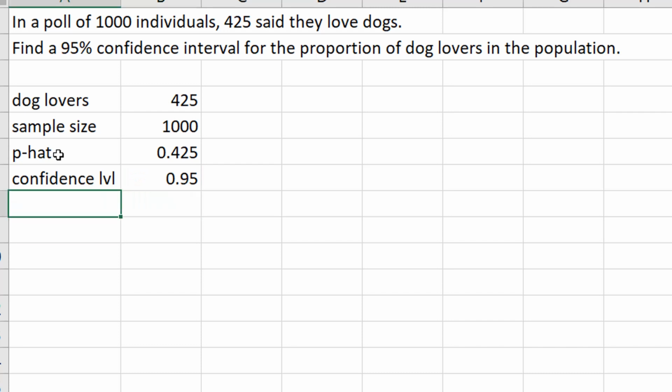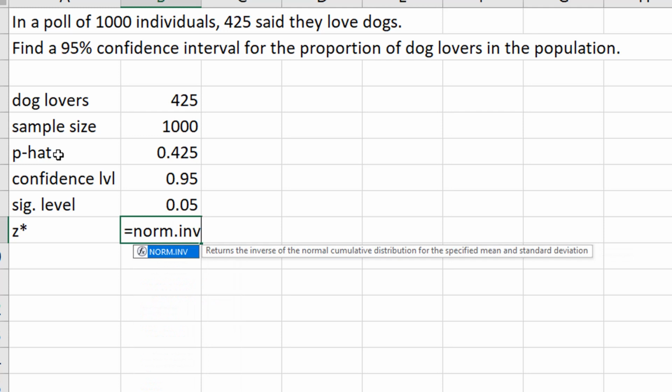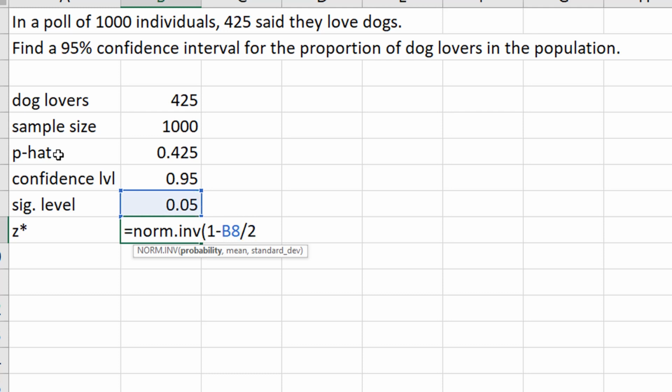Take a step back, and the significance level is going to be useful. The corresponding significance level is 1 minus this 0.95. Okay, so my z star is found by doing norm.inv, the inverse. Now it's going to be 1 minus the significance level over 2.